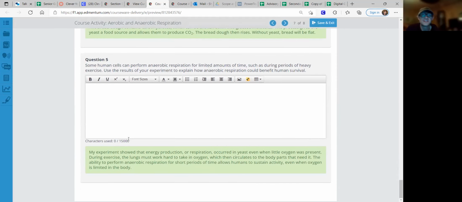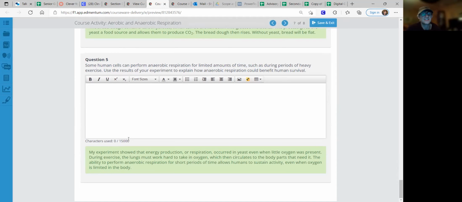Some of our human cells can perform anaerobic respiration for limited amounts of time, such as during periods of heavy exercise. Use the results of your experiment to explain how anaerobic respiration could benefit human survival. Well, in this experiment, it shows that energy production or respiration occurred in yeast even when little oxygen was present.